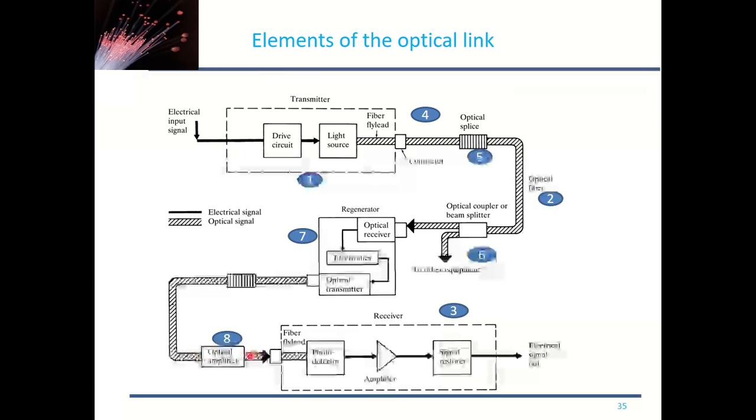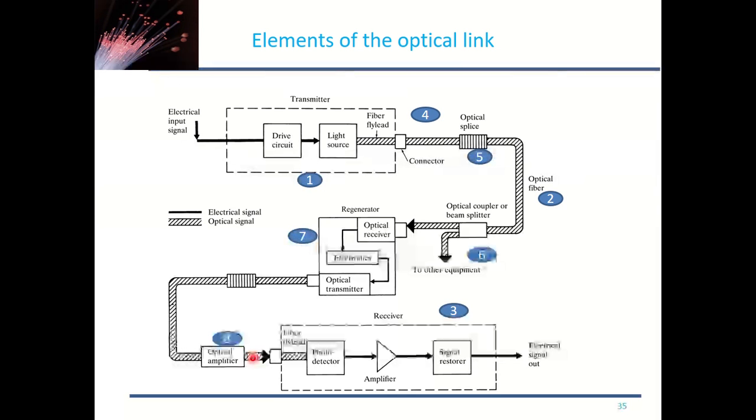Let's consider the optical link which is implemented without a regenerator. Suppose block number 7 is eliminated from the block diagram and the output of the splitter is directly given to the optical amplifier. What can be a problem for such an arrangement? Suppose the signal is distorted and noise is superimposed on that signal, then the optical amplifier can amplify the signal along with the noise.